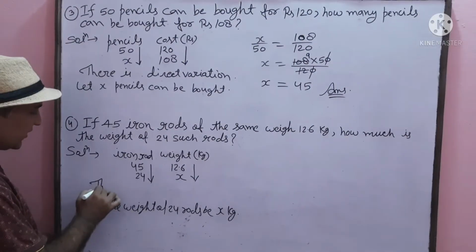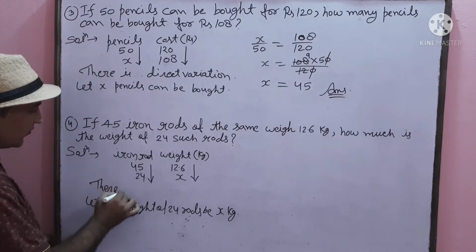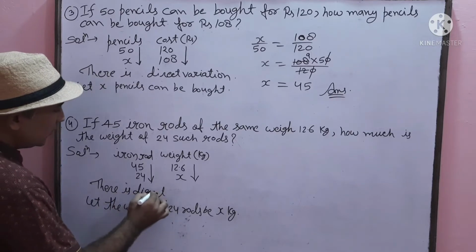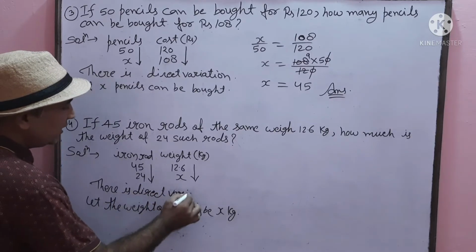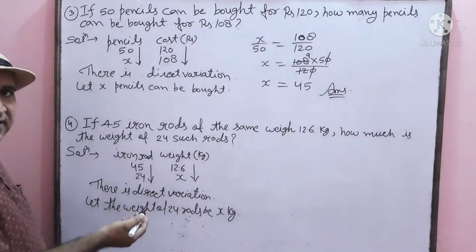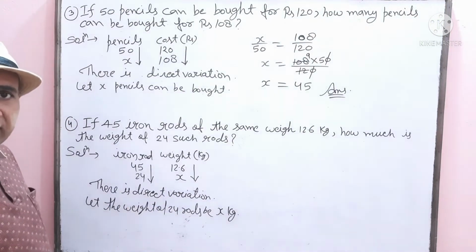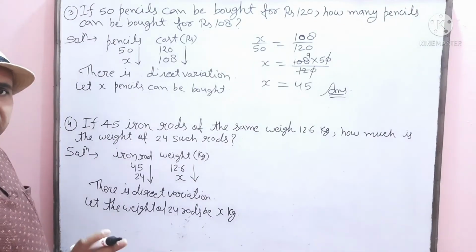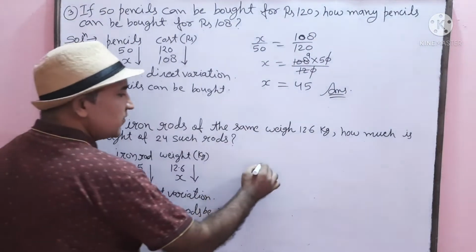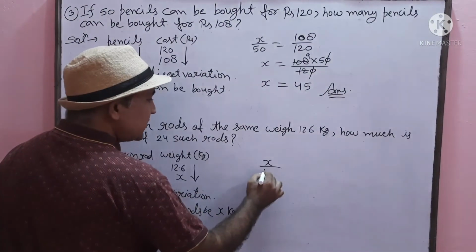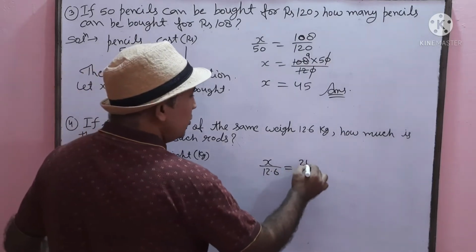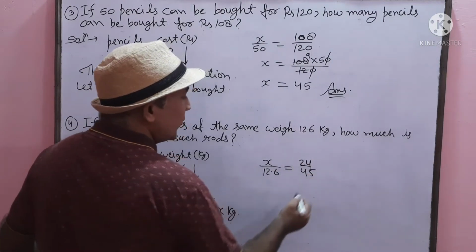Okay, which relation is there? There is direct variation. This statement is not necessary. This is only to make you understand. After this, I will not write it in other questions. Okay? See how to solve this one. Again, x upon 12.6 is equal to 24 upon 45.